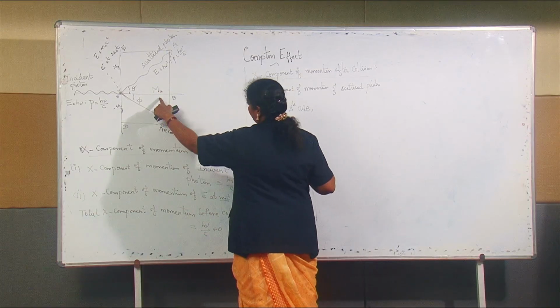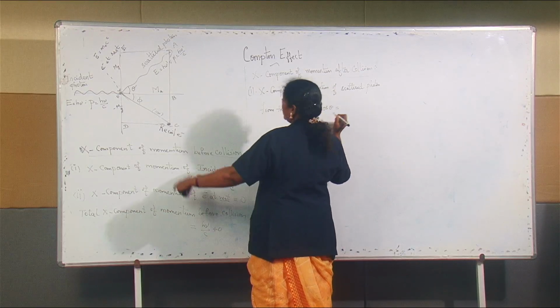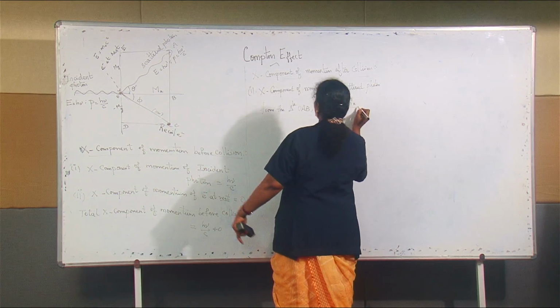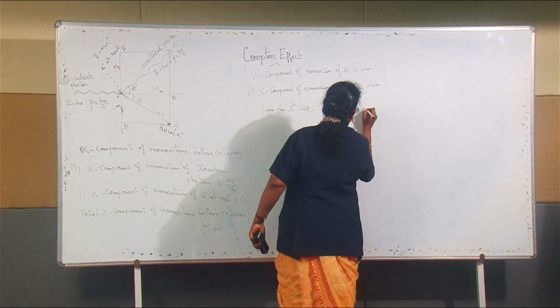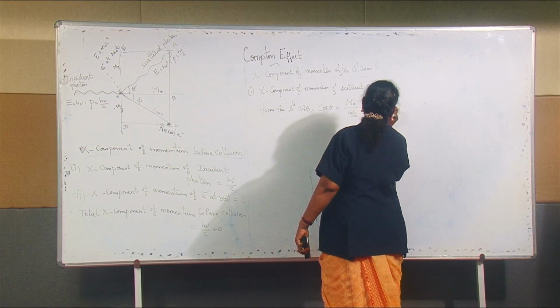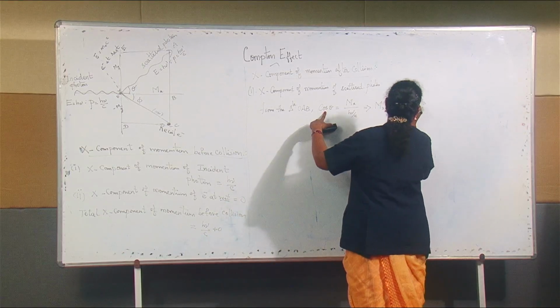We want to find OB. So, we can use cos theta is equal to mx by h nu dash by c. So, we need the x component of momentum, therefore, mx is equal to h nu dash by c into cos theta.